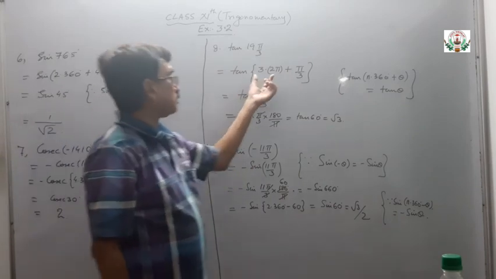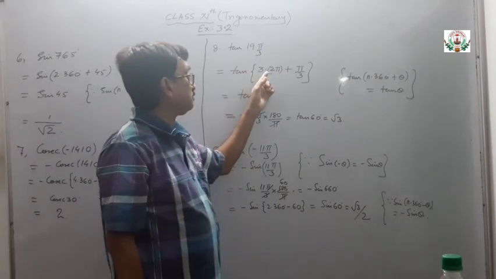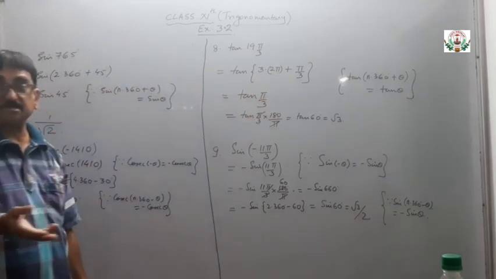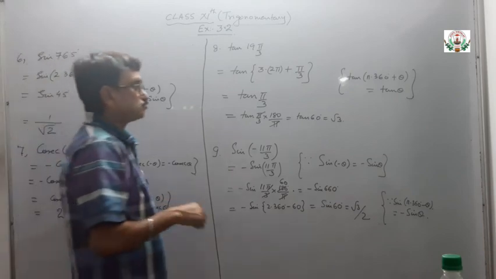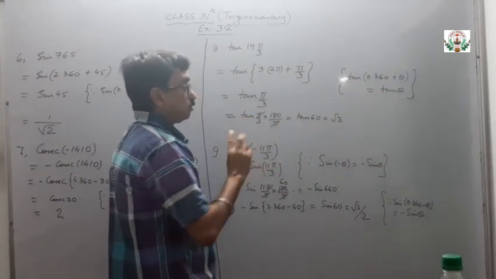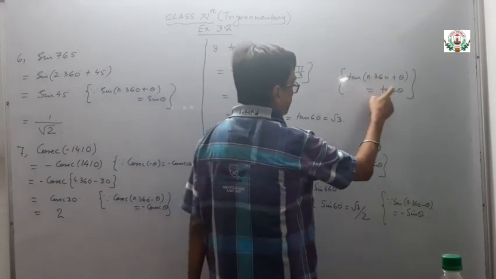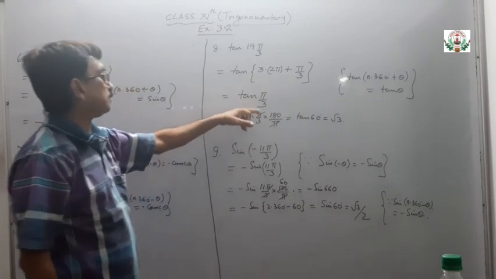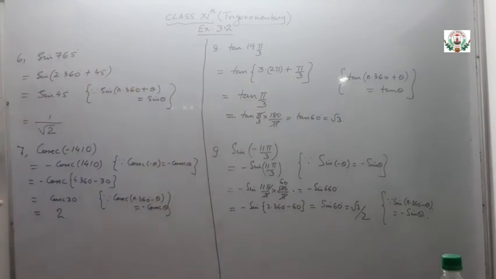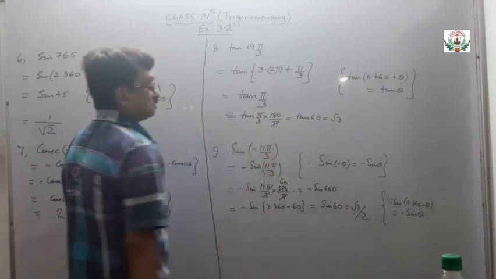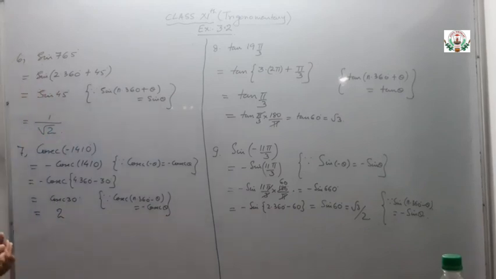So this becomes the form tan of n into 360 plus theta, and 360 plus theta lies in the first quadrant. In the first quadrant all the trigonometrical ratios are positive and there is no change. So tan will become tan theta. In place of theta there is pi by 3, tan pi by 3. This pi by 3 we can convert into degree by multiplying with 180 by pi. We get tan 60 degree and its value is root 3.